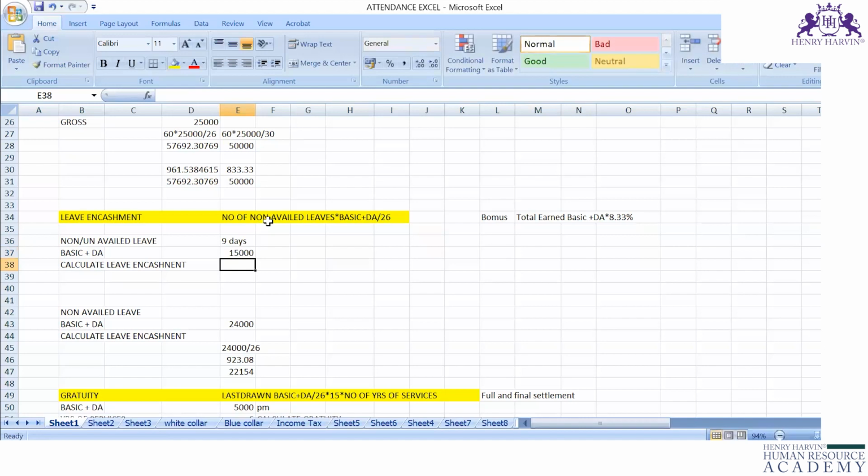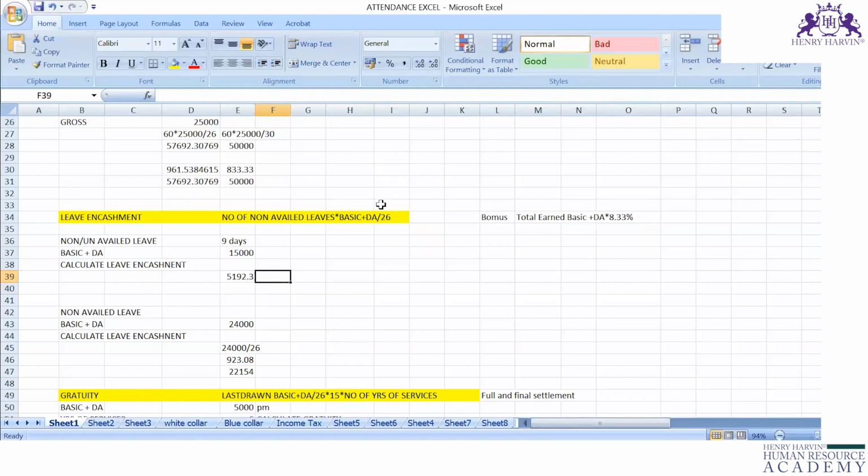How will you calculate the leave encashment? You have to apply this formula. Number of non-availed leaves, that is 9, into 15,000 divided by 26. 5,192 is the leave encashment for you.